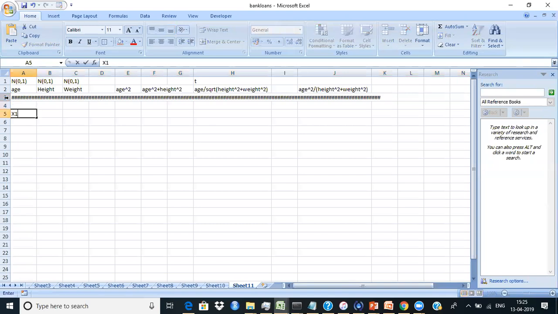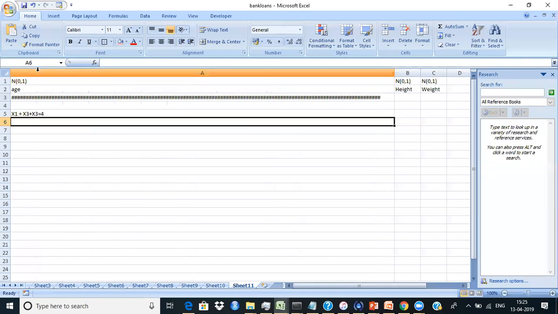If I have an expression which looks like this, x1 plus x2 plus x3 is equal to 4. What is the degree of freedom of this expression?